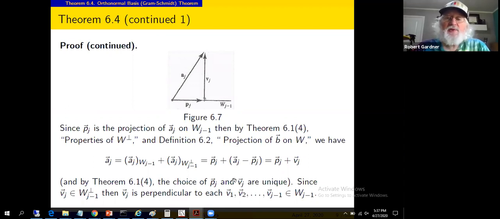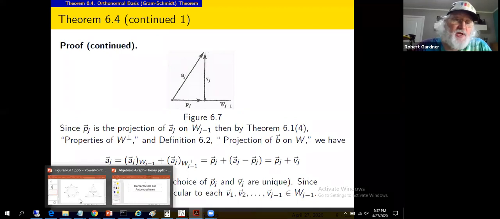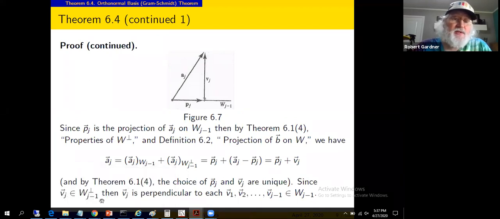All right, so we get A sub j written in terms of these projections. These are unique by some theory that we had earlier. V sub j is in W sub j minus 1 perp. It's perpendicular to everything in W sub j minus 1. So V sub j is perpendicular to all these vectors V1 through V sub j minus 1 that are in the previous space, the space W sub j minus 1.